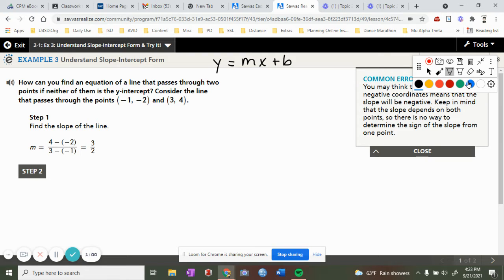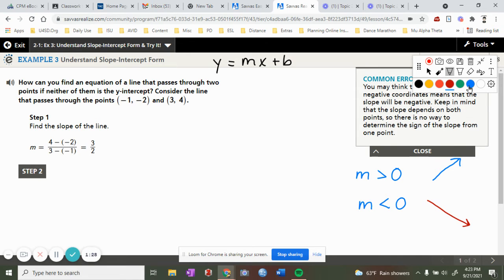What we are going to find is that when m is positive, or greater than 0, then our slope is going to move up from left to right. Just like we read from left to right, we will graph from left to right. If our slope is smaller than 0, or negative, then from left to right, we will fall.